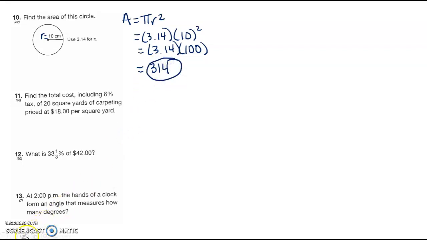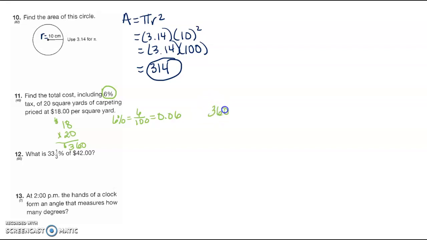All right, total cost. Let's see. Total cost including 6% tax, 20 square yards of carpeting at $18 per square yard. So the first thing I need to do is 18 times 20. And that is $360. And then I need to change 6%, 6 per 100, 0.06.